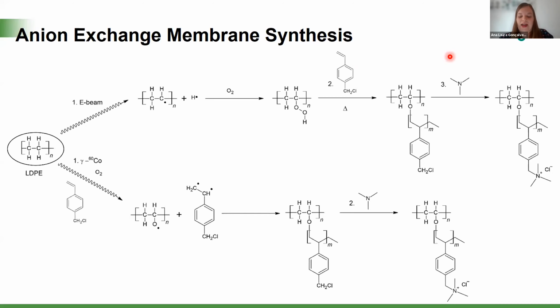After the grafting reaction, we functionalize our film with a quaternary amine, which is the molecule that will carry the anions across the membrane. There are several amines that we can use, but in this case, we use trimethylamine, TMA. So in the end, we have the same molecular structure, but using two different methods.